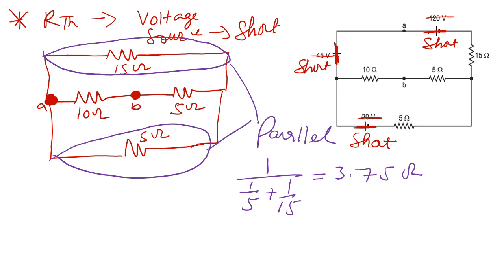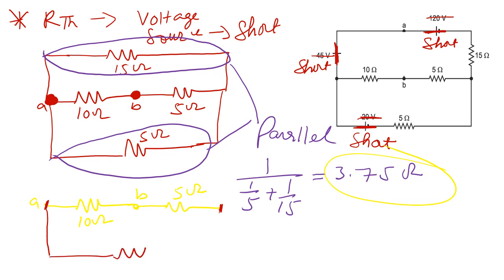Now if I redraw the circuit again, it will be like this. Here this is the 10 ohm resistance, this is the A point and this is the B point, and here this is the 5 ohm resistance. Then what we calculated in parallel, it will come parallel from here to here, so this resistance is 3.75 ohm.